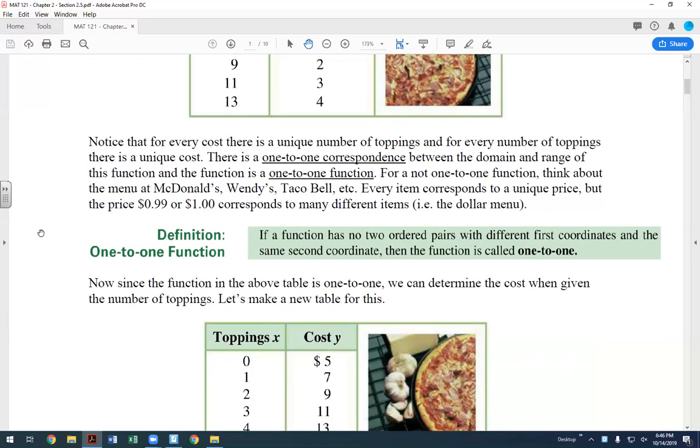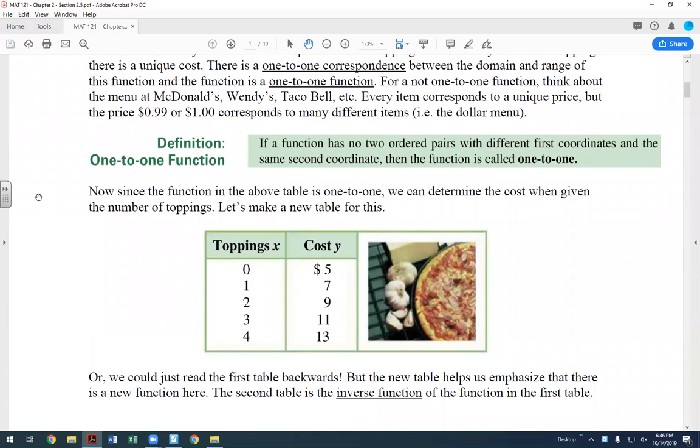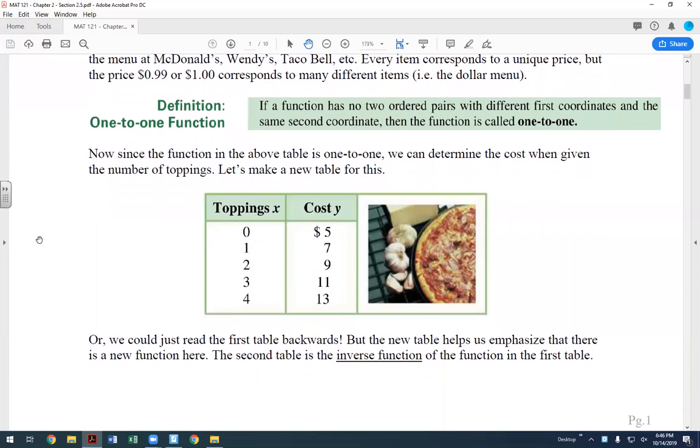For the same y value, if you imagine this is our y-axis and I'm picking one value on the y-axis, I should not have 2 different x values, and you'll actually see a horizontal line test that we're going to use for this. So in terms of defining if a function is one-to-one, this is the relationship we're looking for, okay? Now going back to our pizza example, see what happens when I switch my x and y values.